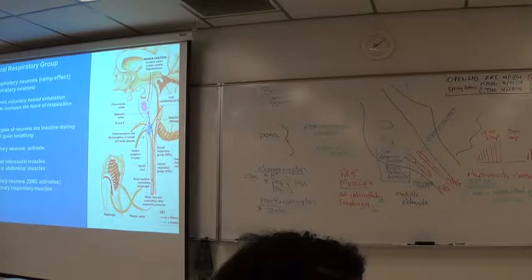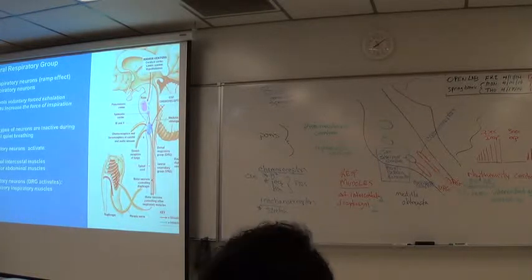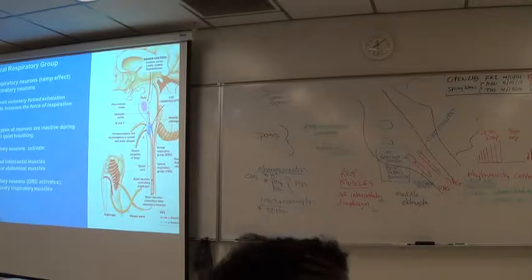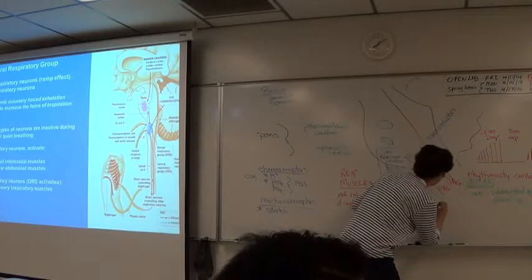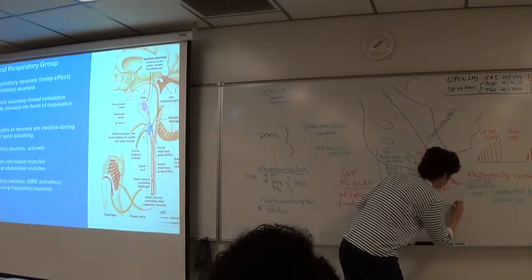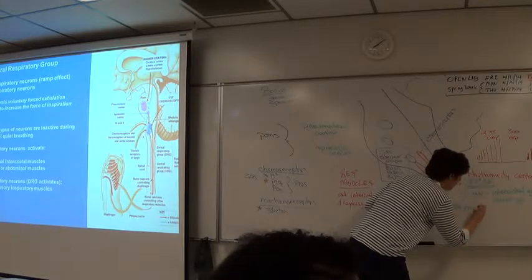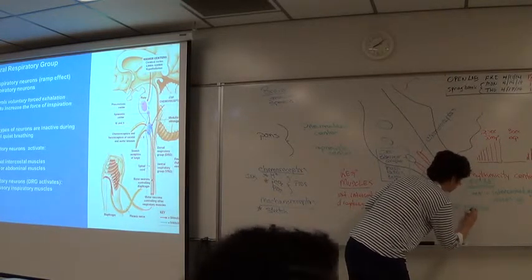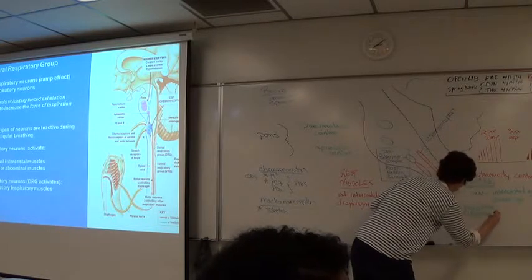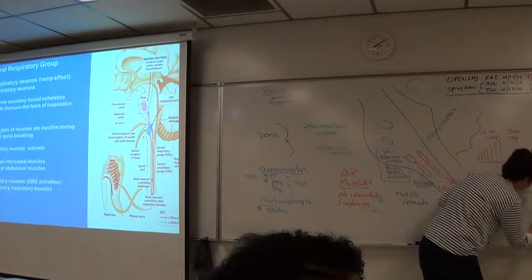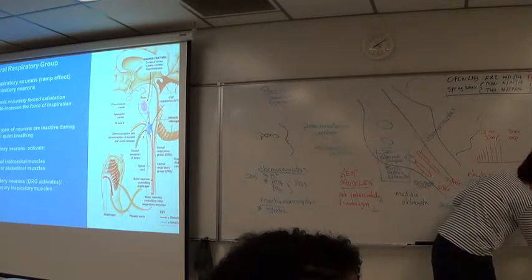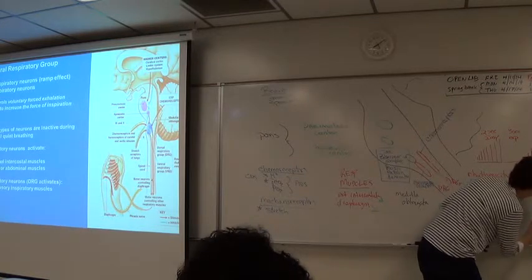So expiratory neurons here are doing our active expiratory muscles. So the internal intercostals and the anterior abdominal muscles. So forced inhalation and expiration. And these are going to go to internal intercostals and abdominal muscles.